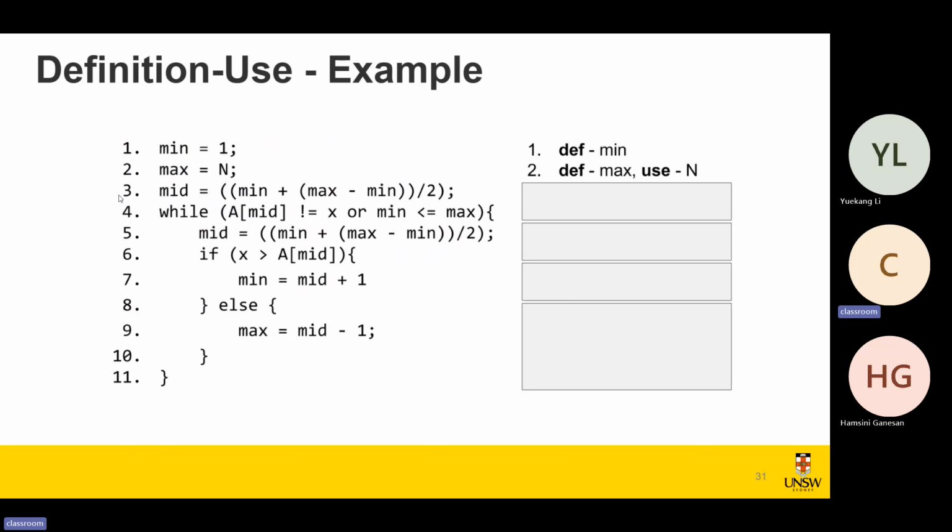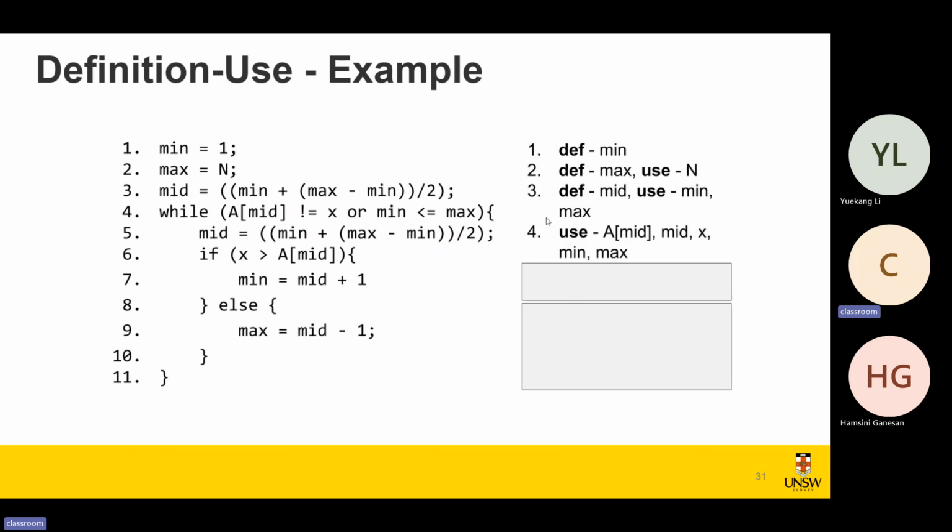And what about line 3? Are we defining anything here? Yes, mid is being defined. And do we use anything? Max and mean, right? So we define mid and use max and mean. And do we define anything on line 4?